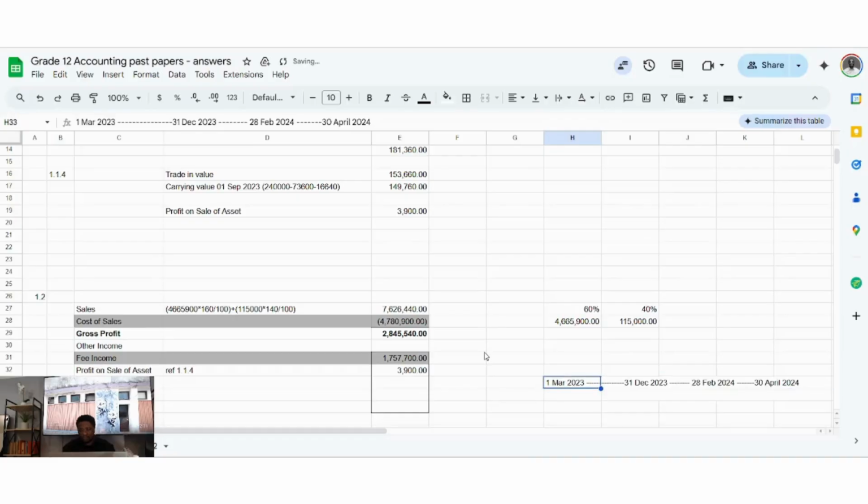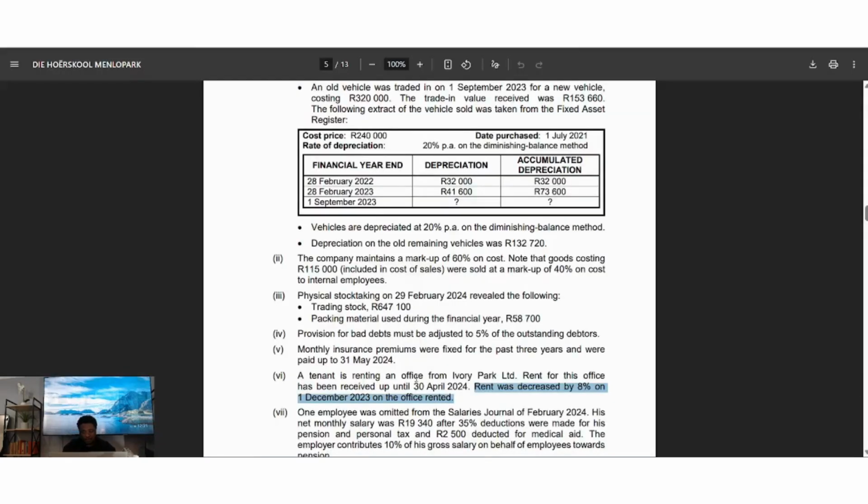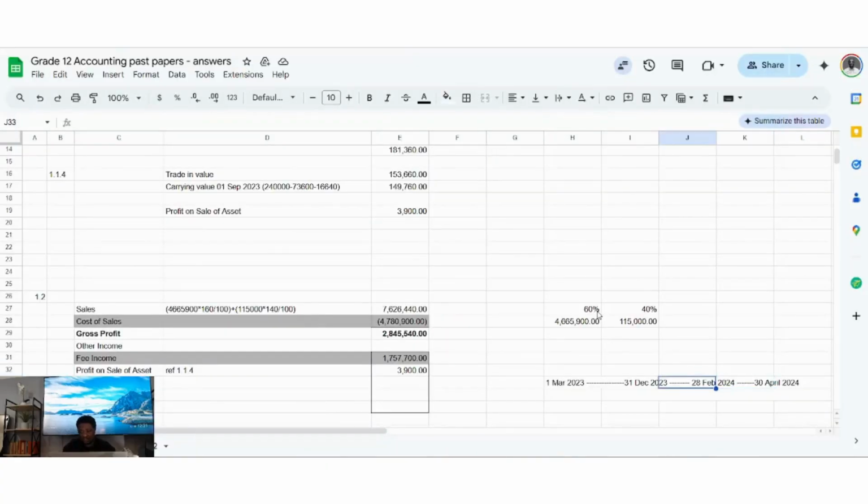So if you can just do this quick timeline, and then also write the notes in terms of what it is. This is the start of the year, this is the day the rent changes, this is the end of the financial year, and this is the date until we received the rent for. Yes, so okay, it goes down on 1 December, not on 31 December, so just make sure we correct that.